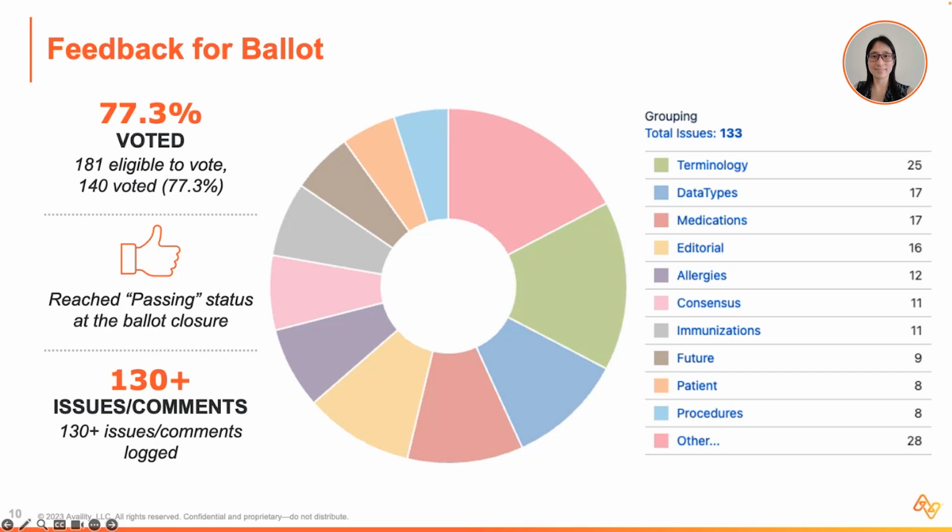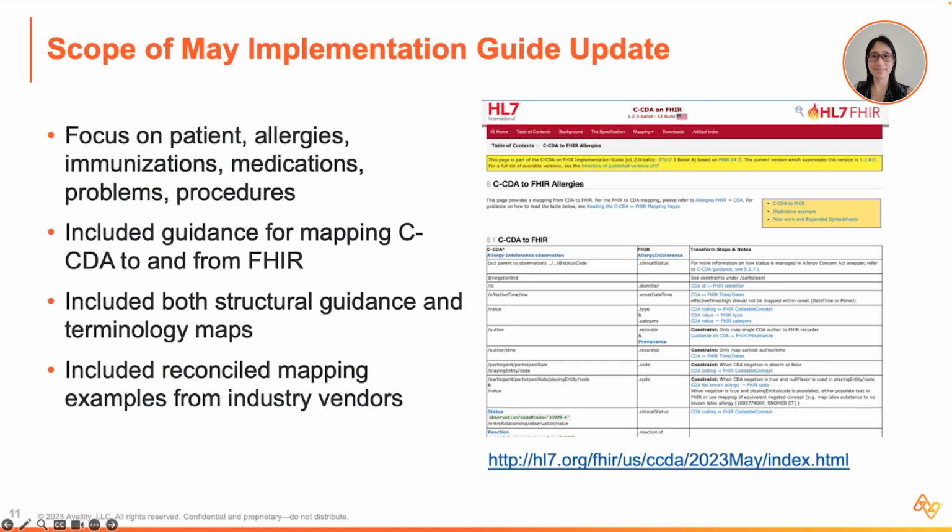We're now actively working to resolve these comments and suggestions. We've hosted 4 block votes so far, and we're getting very close to our second version of the publication that incorporates all the feedback that we can. So here is a snapshot of our implementation guide.